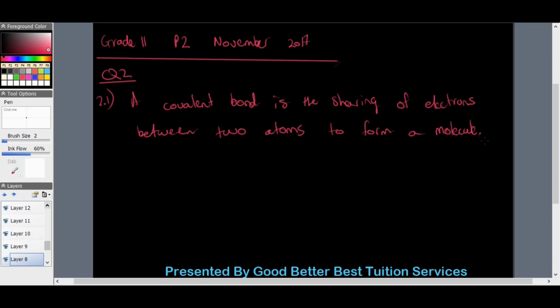But another way to put a covalent bond is the electrostatic attractive force between the electrons and the nuclei that keeps them held tightly together. That is also called a covalent bond. But the definition on the screen is worthy enough of achieving 2 marks: the sharing of electrons between two atoms to form a molecule.